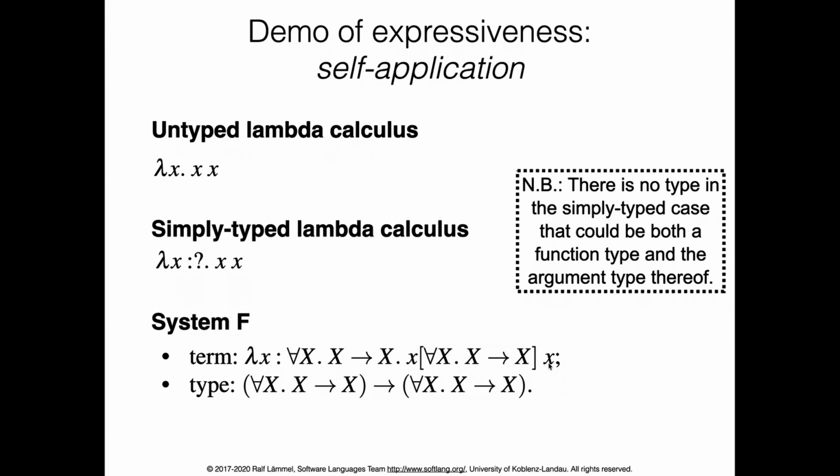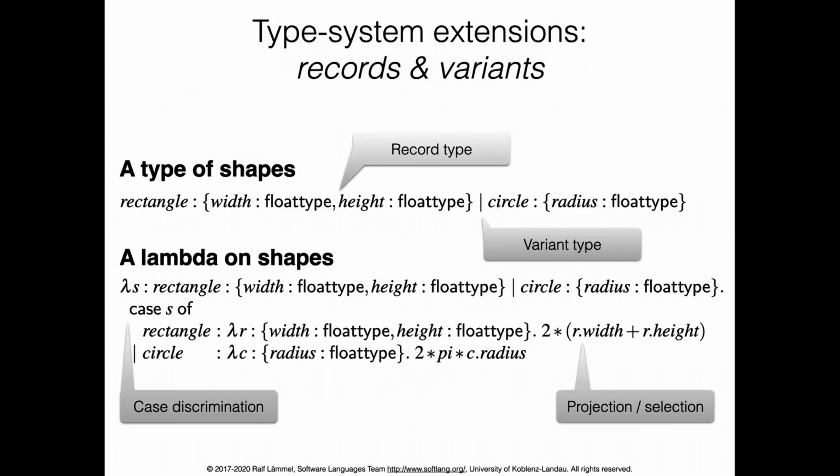And because of that, x having a polymorphic function type, we can apply x to that x. And again, you probably just need to play with the typing rules of System F on paper to see that this all works out. But it's a cool sign of expressiveness.